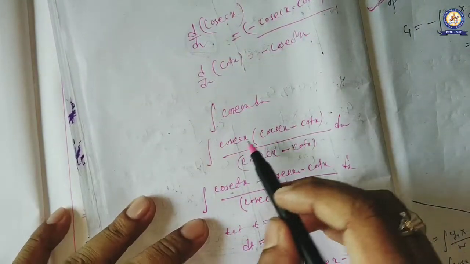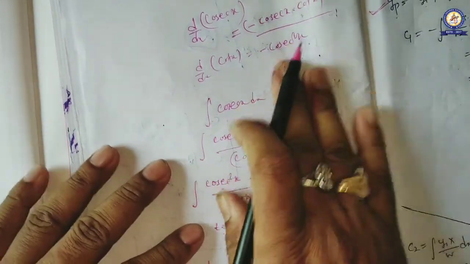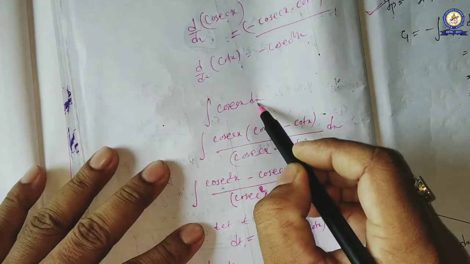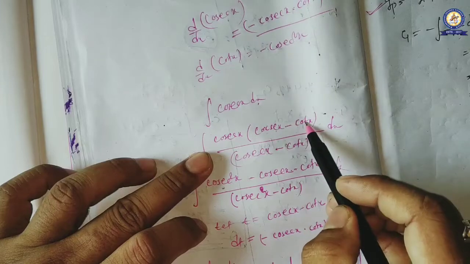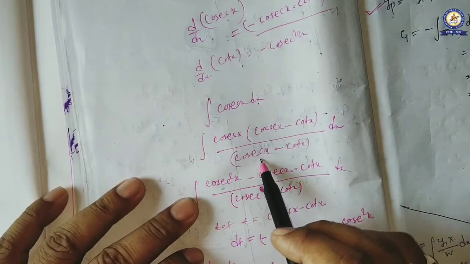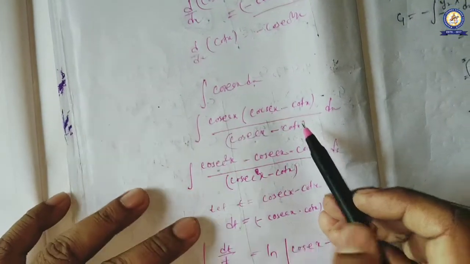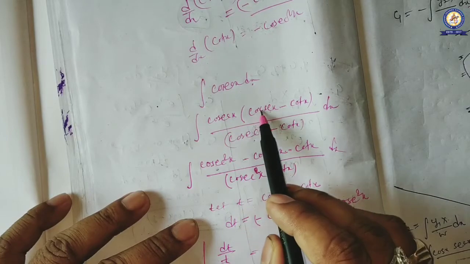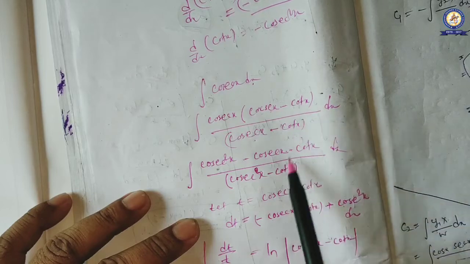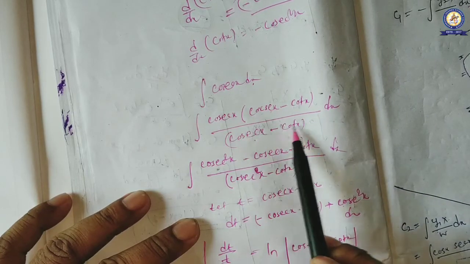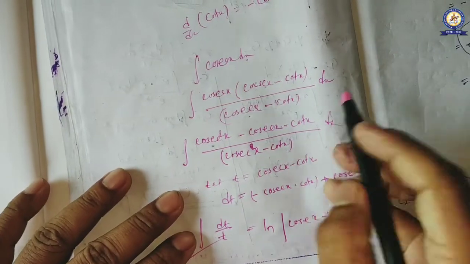You just see it: to integrate cosec x, I multiply and divide by cosec x minus cot x. This is cosec x times cosec square x minus cosec x cot x, divided by cosec x minus cot x, into dx.